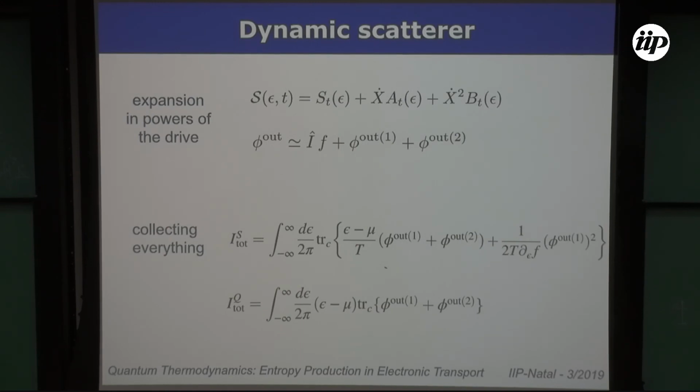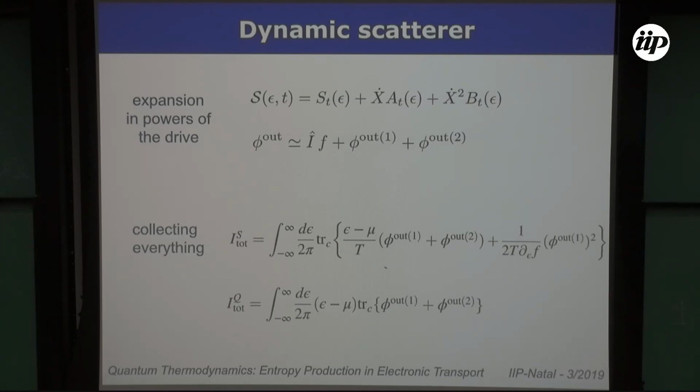So the name of the game is the same as I presented before for the previous case of a single contact. We expand the S matrix in powers of the drive: zero order, first order, second order. The zero order is the static case.